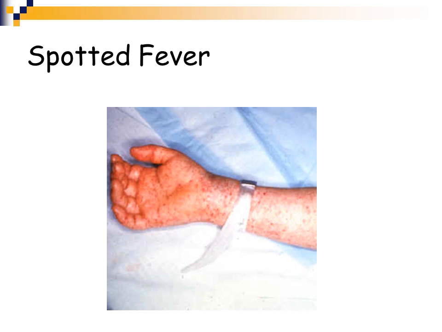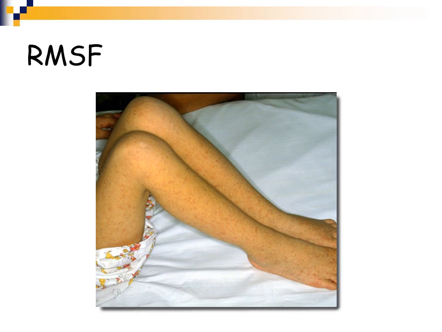Here's an individual with a spotted fever, and you can see this individual has that rash on the palms of the hands, which is very characteristic for Rocky Mountain spotted fever. Here's another picture of an individual with Rocky Mountain spotted fever, and you can see the rash all over the extremities, and if this individual picked up their feet, you would see a rash on the soles of their feet.